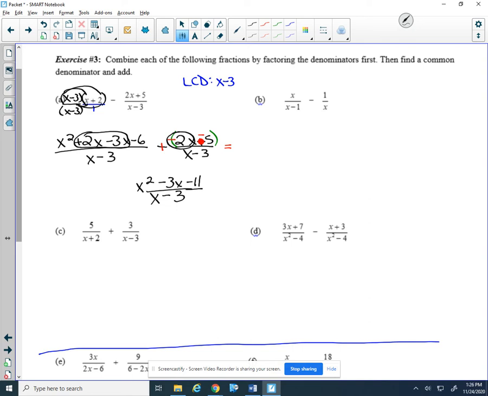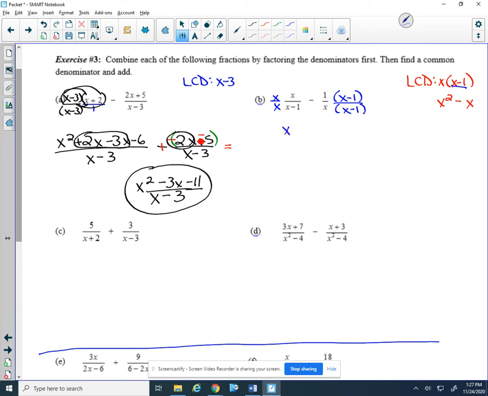A quick check, which I'm not going to spend too much time on: that does not factor, and that's the final answer. So moving over to letter B, that's very similar to our first example on the other page. We have a binomial and a monomial. So our LCD is the x and the x minus 1, which is x squared minus x. My first fraction is just missing the x, and my second fraction is missing the factor of x minus 1.